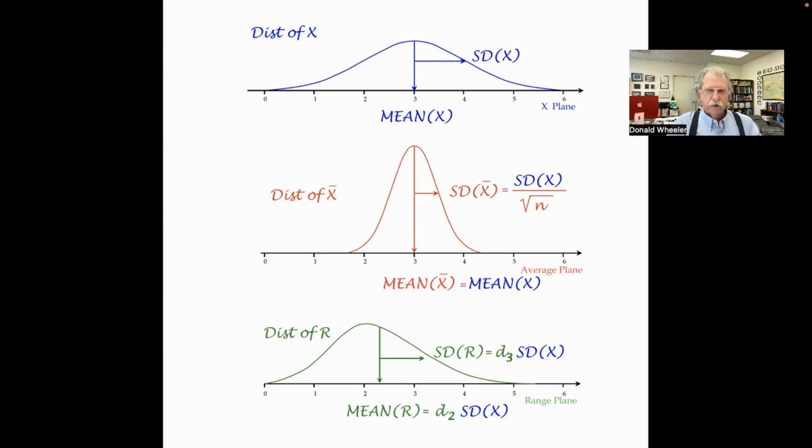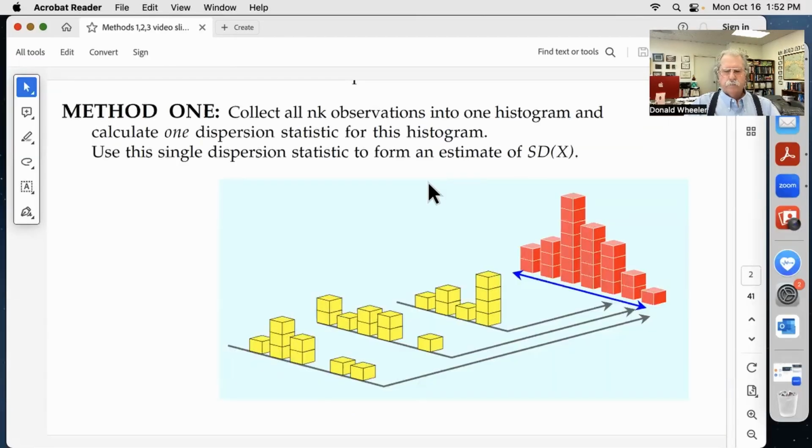So turn please to page 28 in the workbook. It turns out there are three distinctly different methods for estimating the dispersion in a set of data. And these are outlined on page 28. If we have, say, K subgroups of size n, we can use these different methods.